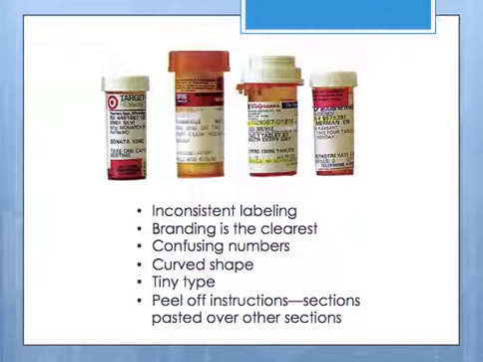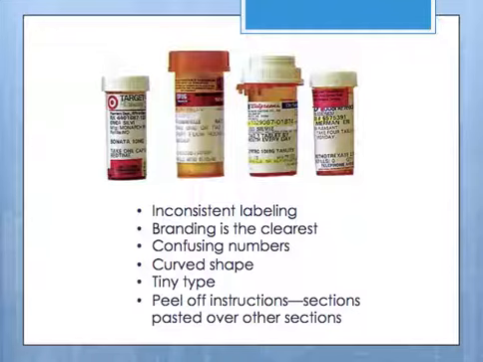The branding is the clearest. So we see their brand most, and that is what's least important. I can see that that's Target, and then that's Walgreens. I can see the pharmacy the clearest, and that's the least important information on it. That is not user-centered. That is focused on advertising a certain pharmacy, which does not help a user.